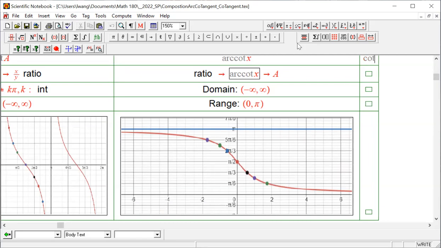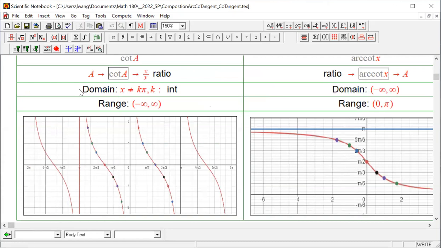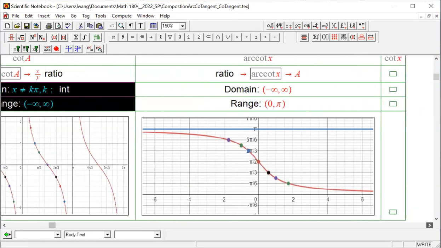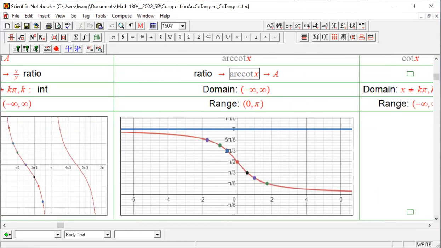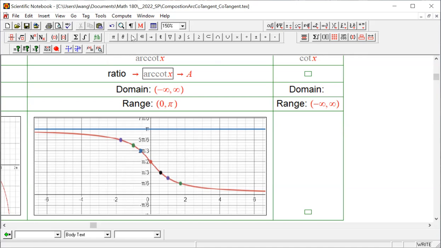That inverse is a cotangent, but not with the same domain, the same range. The domain is from 0 to pi.